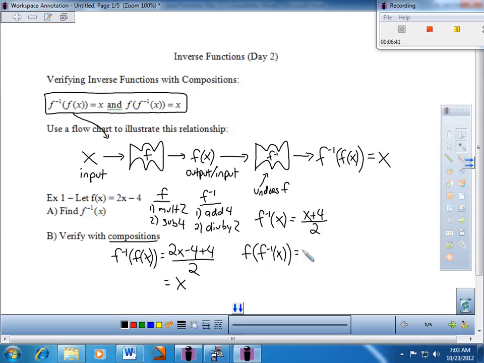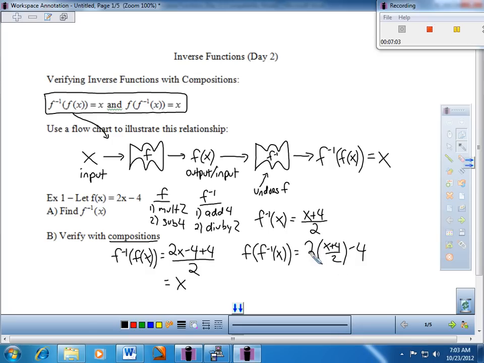And it should work in both directions, again, because they're essentially undoing one another. So let's try this. I'm going to take the function and compose it of its inverse. So here's the inverse over here, everybody. That becomes the input of the f function right over here. So instead of 2 times x, it's 2 times x plus 4 divided by 2. And then a minus 4 on the back. And again, if you don't mind me skipping half a step here, we can hopefully see this unfold. I can cross-cancel these 2's right here.